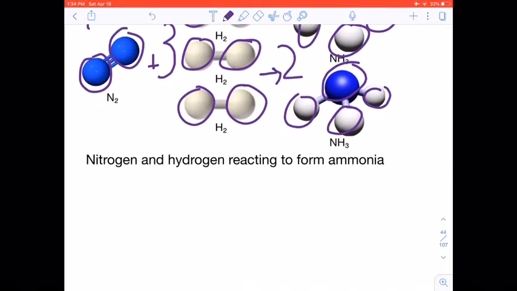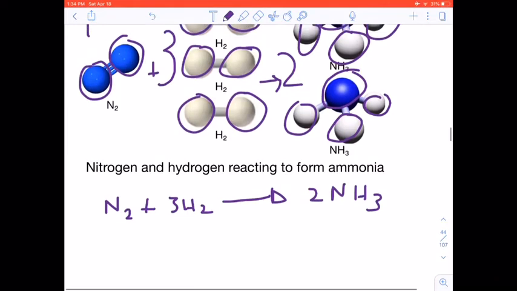We'll see we've got 1 N2 plus 3 H2 gives us 2 NH3, which essentially, what am I saying here?